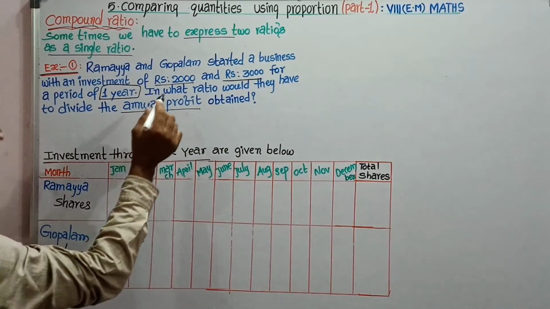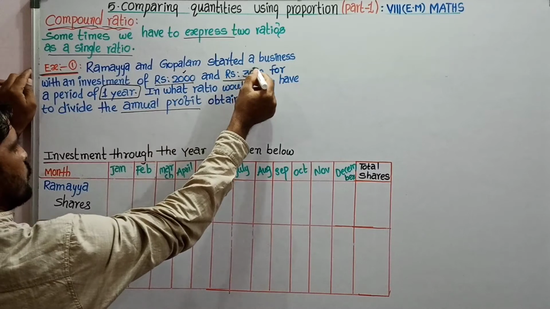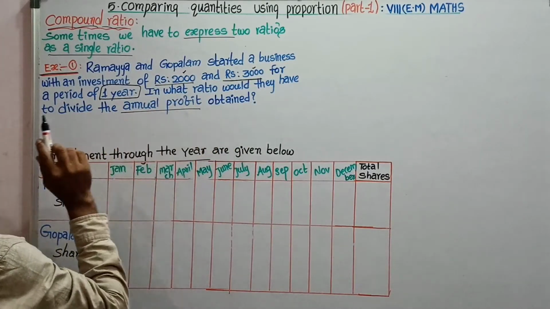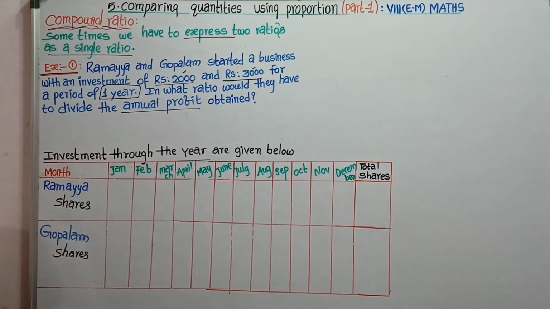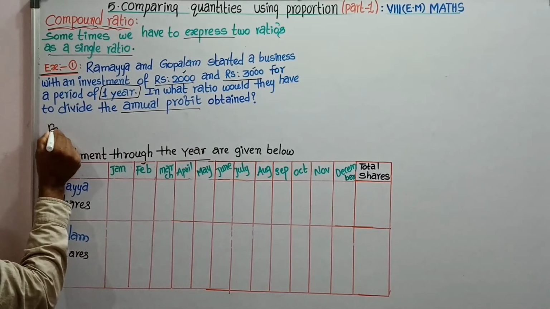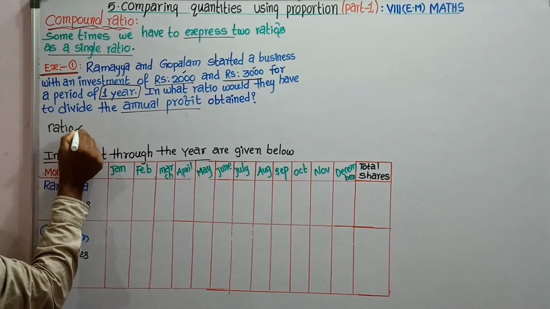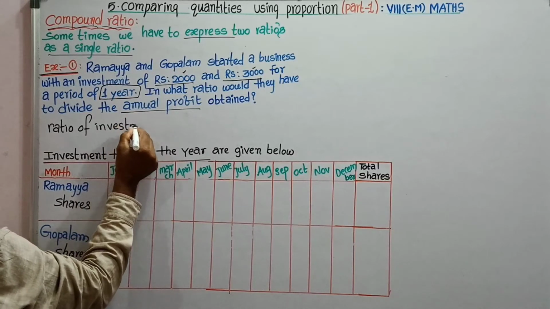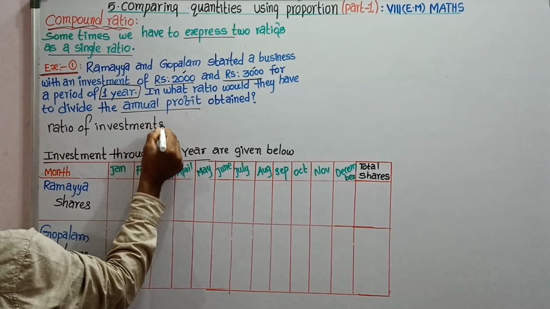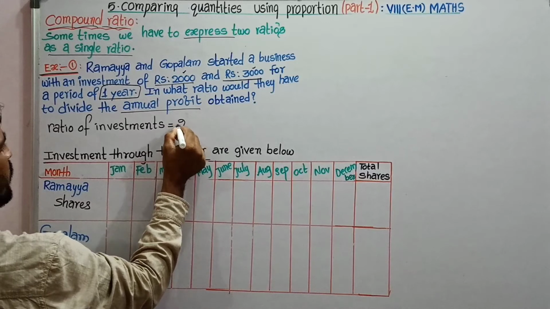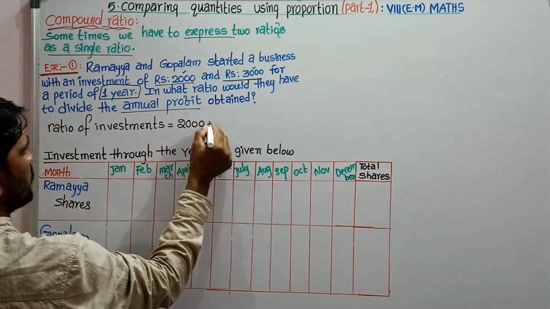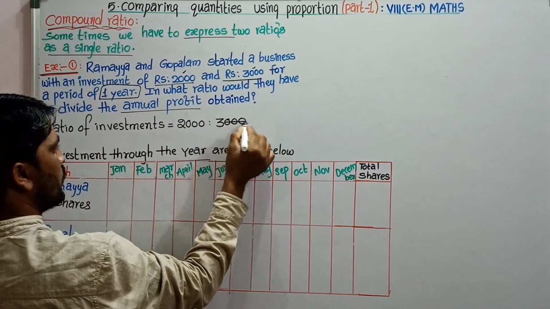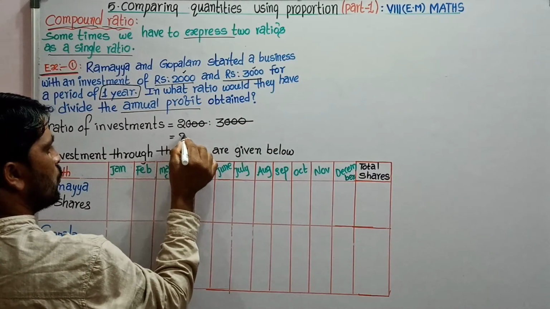Consider the ratio of investments. That is, Ramaya invested 2000 rupees is to Gopalam invested 3000 rupees. So the ratio is 2:3.